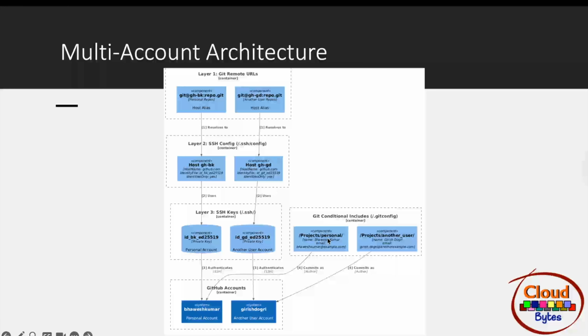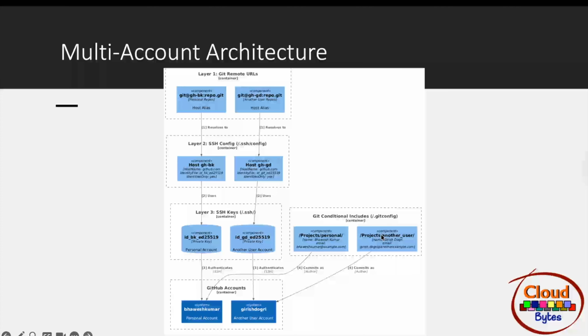So suppose you are in this folder, you have set up project/personal, where you have made a copy from Git by doing a git clone using this Git SSH. Now you have made the clone. Any commit that you're doing is using your personal account to persist in the repos that you host. Similarly, this one is going to be a separate setup altogether.